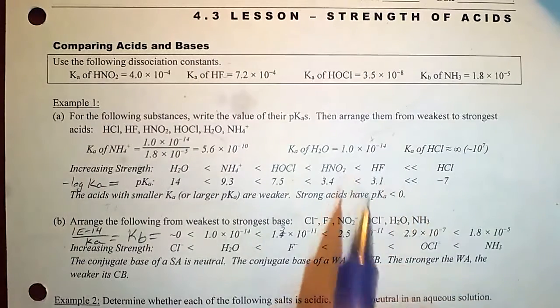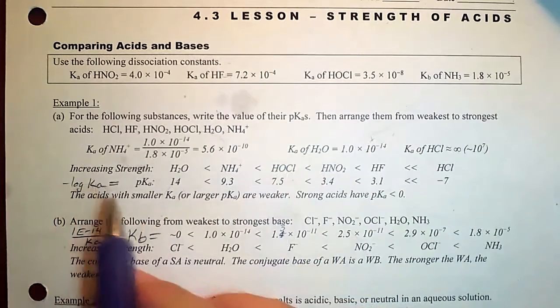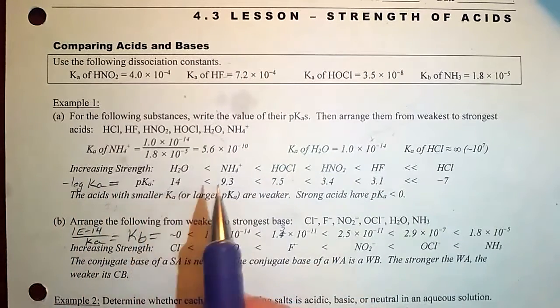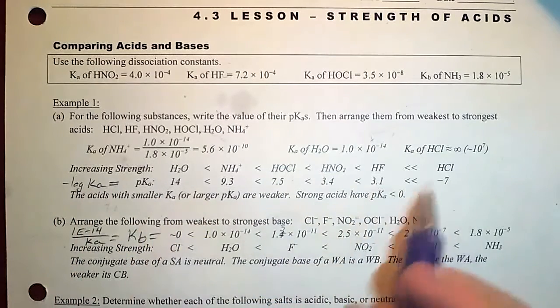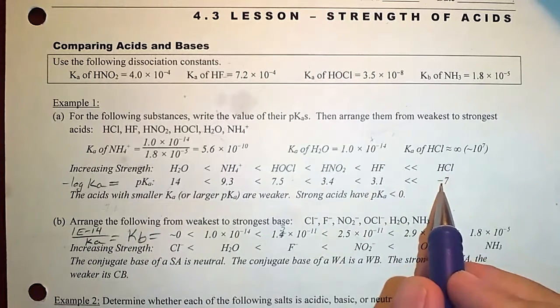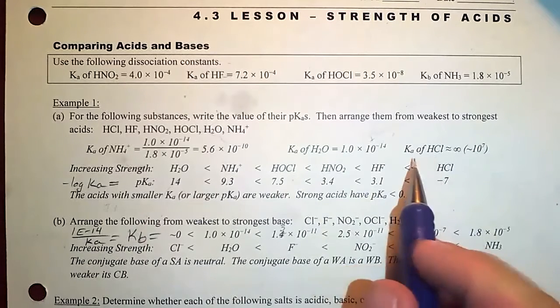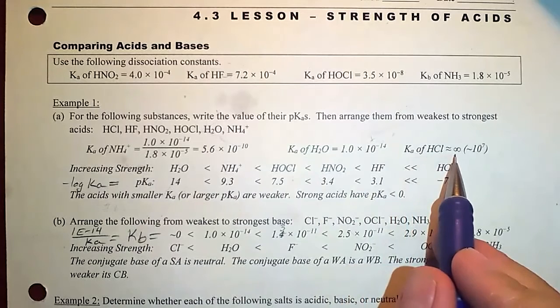Now, the thing to notice about this is that because it's the negative of the log, it's like pH in that the order reverses. And in fact, the pKa of HCl is just, I mean, it's really, really small.